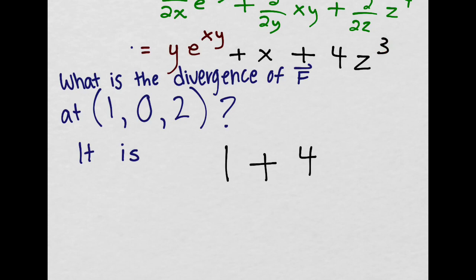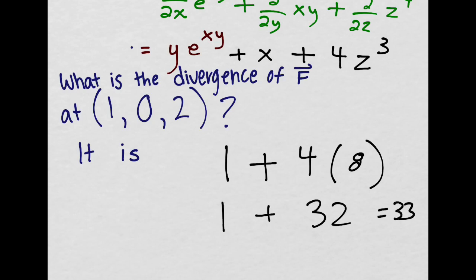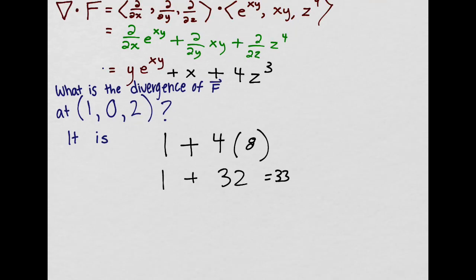So what's z? It's 2. So 2 cubed is 8, and 4 times 8 is 32. What's 1 plus 32? It's 33. So that is what the divergence is. It's a scalar: 33.